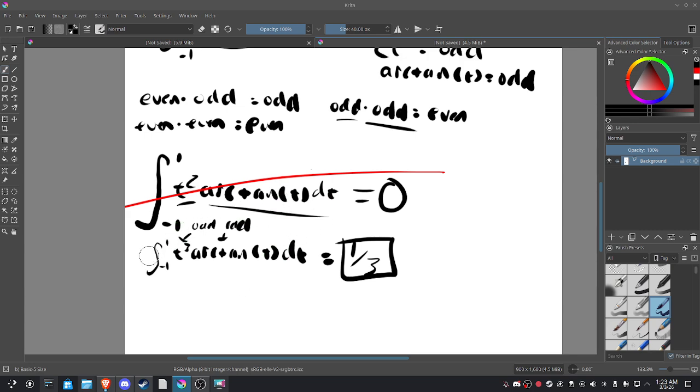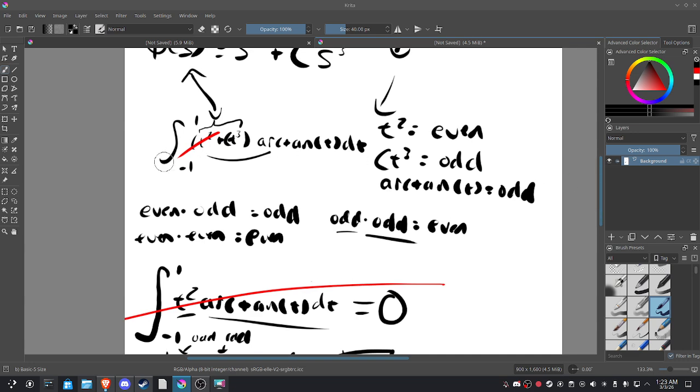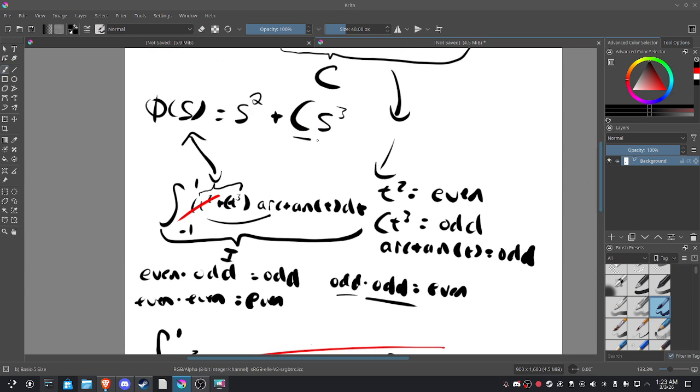But you know what? I missed the constant, and we can just put that constant on the outside and call this entire integral I. Okay? This entire integral is also c, because, of course, as you can see there.